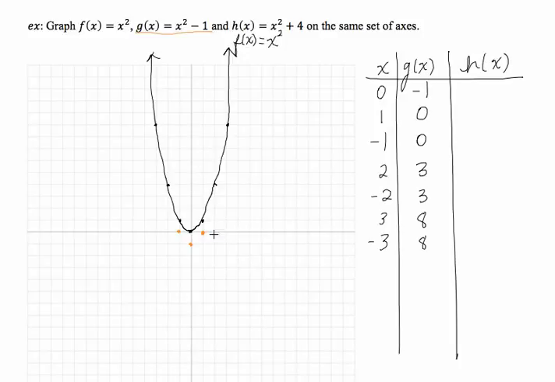Okay, so plug those in and then plot these points. So we have the point 2, comma 3, negative 2, 3, and 3, comma 8, which is just underneath this parabola. It almost looks like it's touching, but it's not.